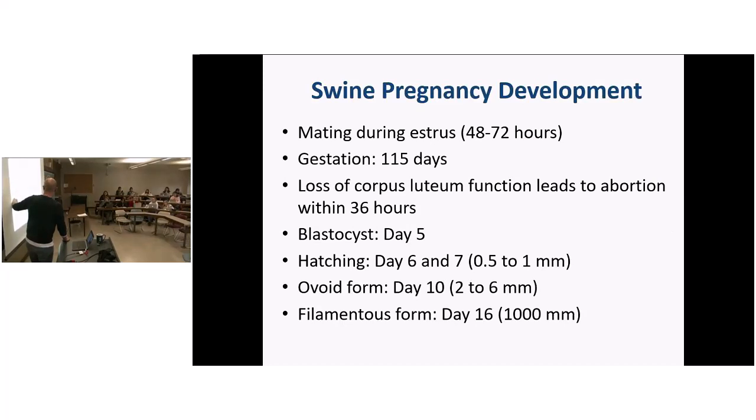And blastocyst, hatching, ovoid form, filamentous form. When I say ovoid form, it goes from a circular to kind of an ovoid to kind of a tapeworm. Okay, and this puts it in perspective in terms of size, but it goes on slowly, growing and growing.